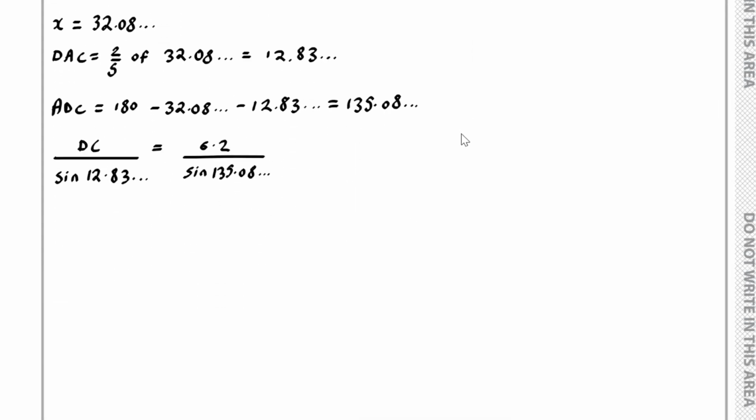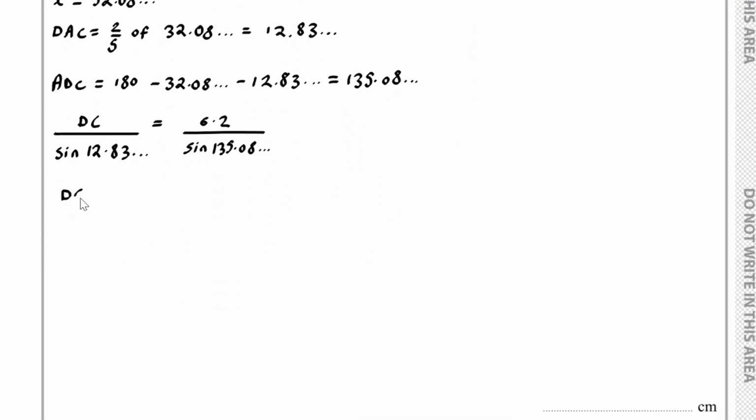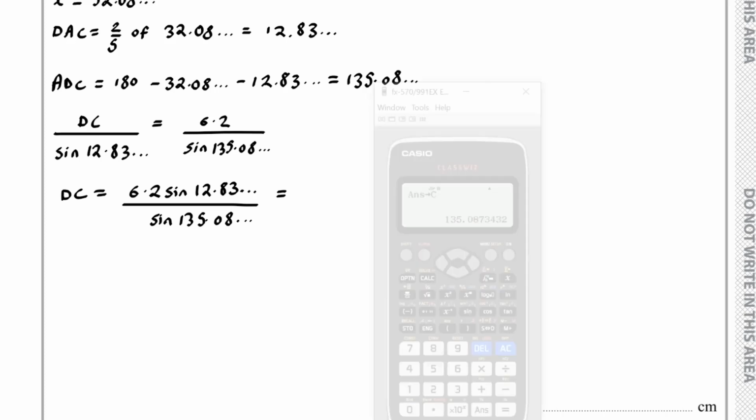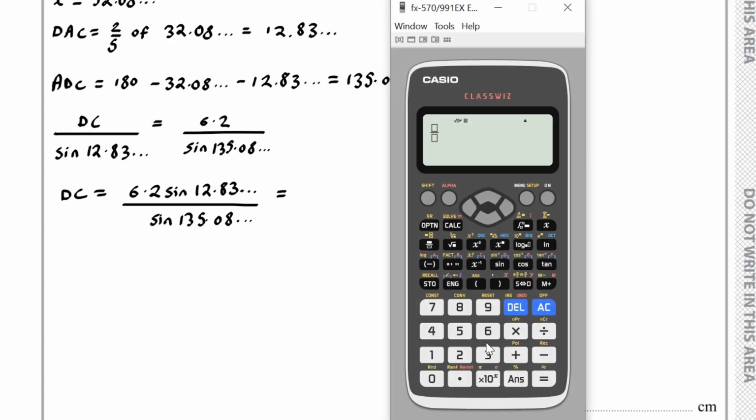So to work out DC, that's quite straightforward. DC is going to equal 6.2 times the sine of 12.83, etc., divided by the sine of 135.08, etc. So if we work this out, we've got 6.2 times the sine of this angle here divided by the sine of this angle here.